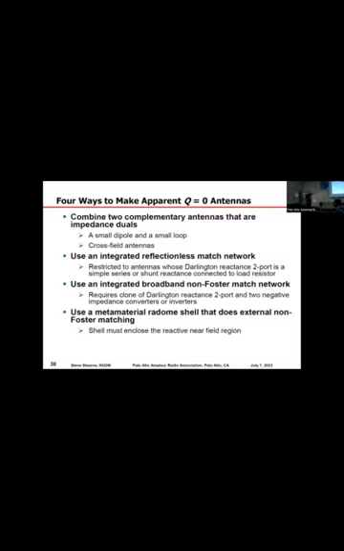The second approach is what's called a reflectionless match network, and I described these at Pacificon a few years ago. Reflectionless filters and reflectionless match networks are networks that look like a resistor when you're looking into them. So if you look in and you see the reactance isn't there, then you say, no reactance, Q equals 0.